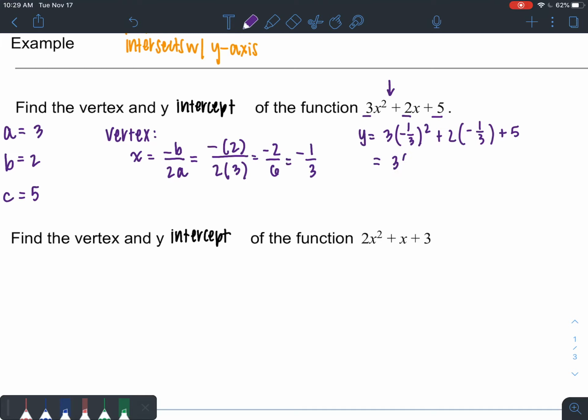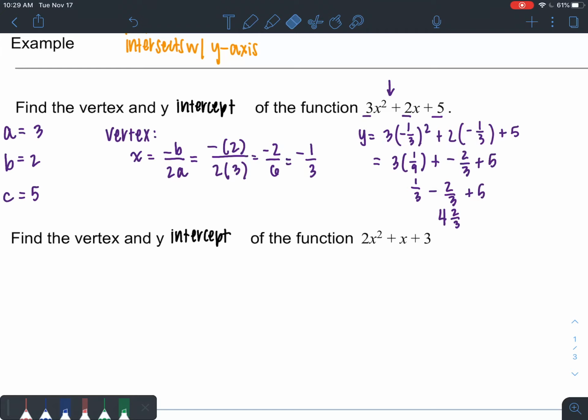So I have 3 times 1/9 plus negative 2/3 plus 5. So 1/3 minus 2/3 plus 5 gives me 4 and 2/3.